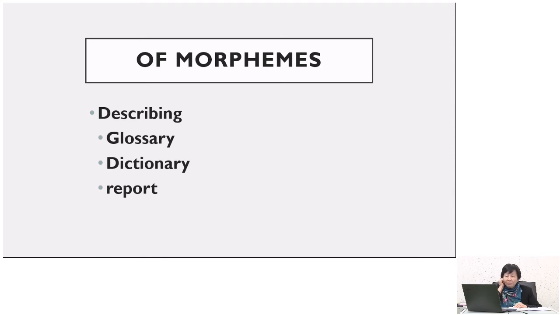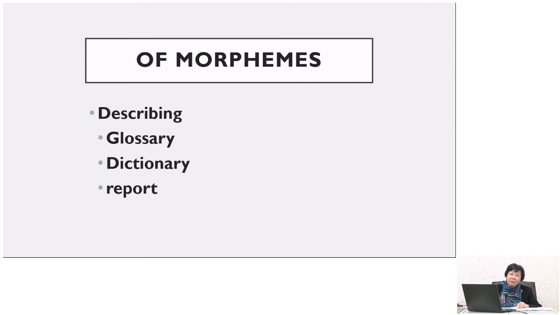For the morphemes, we can end up our description in three things. You have to end up your morphemes in the glossary, I mean the set or the box of vocabulary or words that contain meanings and function. You have to tell.